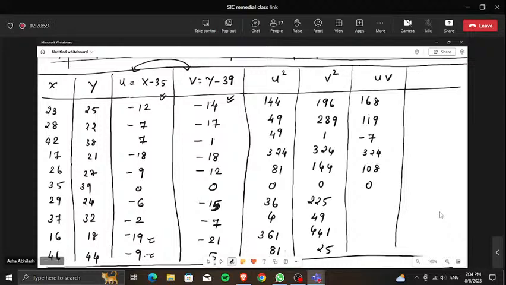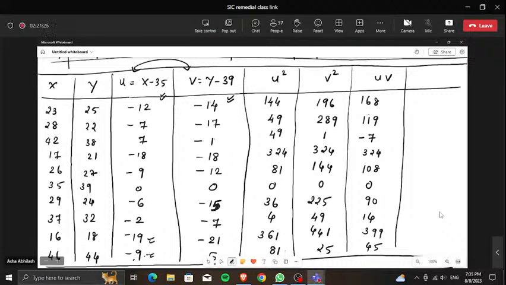Quickly. Ma'am, I think there is a correction in the U last value. 46 minus 35, it is 11, positive 11.